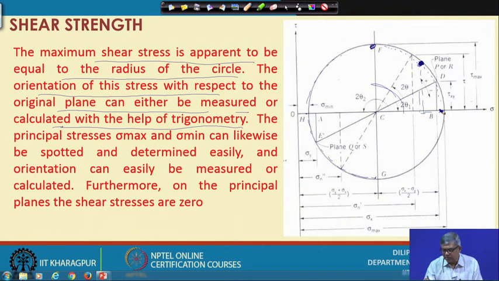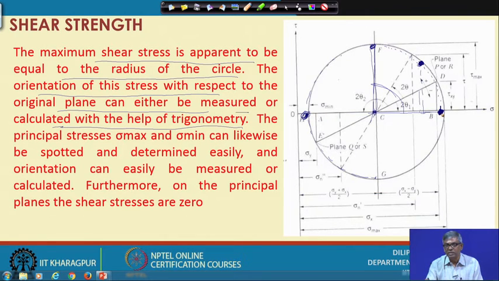Similarly, at this point the normal stress is not 0; whatever value you read here is the normal stress value. Whereas the plane on which the maximum normal stress is occurring, this is the point, suppose this is the maximum value of normal stress, and this is the minimum value of normal stress.